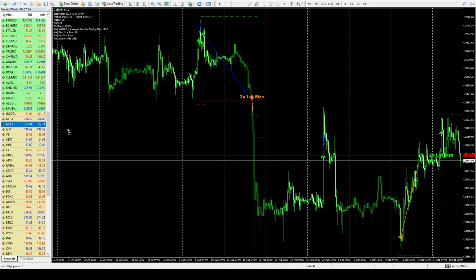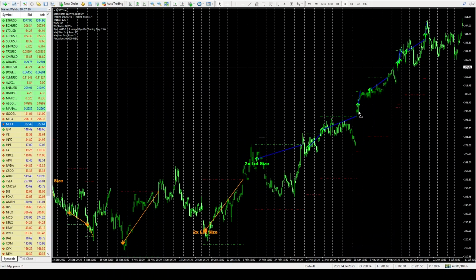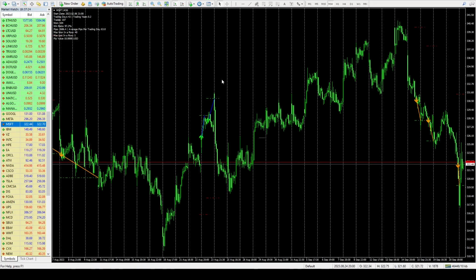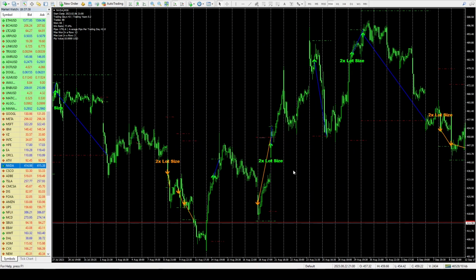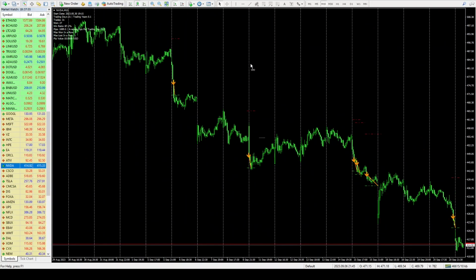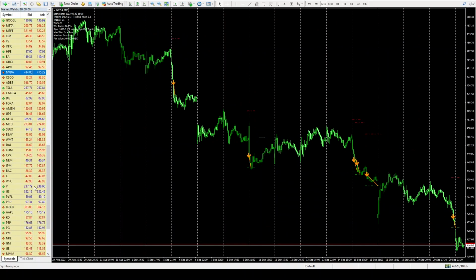Now let's have a look at stocks, starting with Microsoft. Looking good in M30. Nvidia is okay in M15. And what about Google?